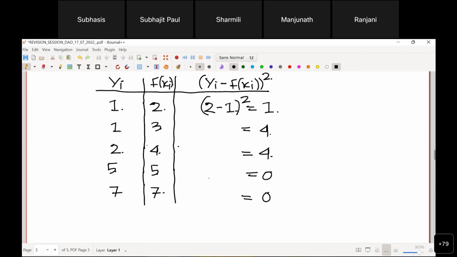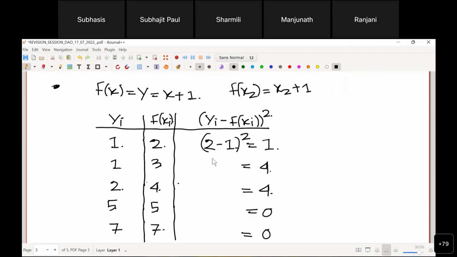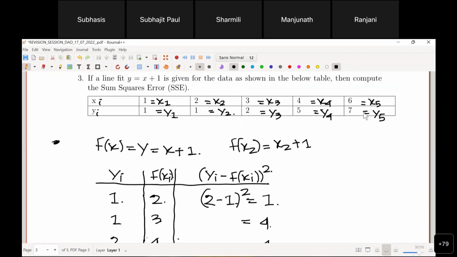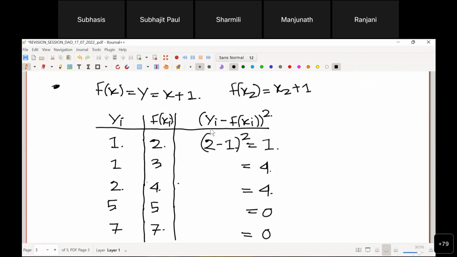Since we have now computed yi minus f of xi whole square, to find the SSE we have 5 points, so we need to add yi minus f of xi whole square for all these values, that is y1 to y5. If we add, we get 1 plus 4 plus 4, which is 9.